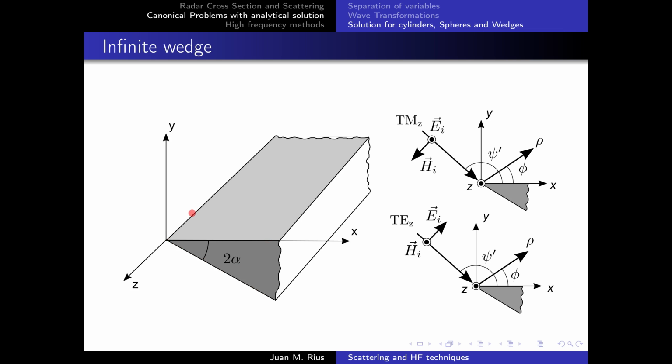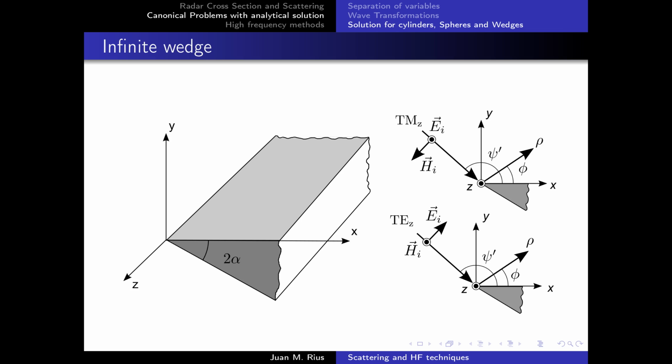The edge of this wedge is the z axis here. So essentially we have the z axis as the edge, and then two semi-infinite planes, one along the x direction and the other forming an angle twice alpha with the x direction.